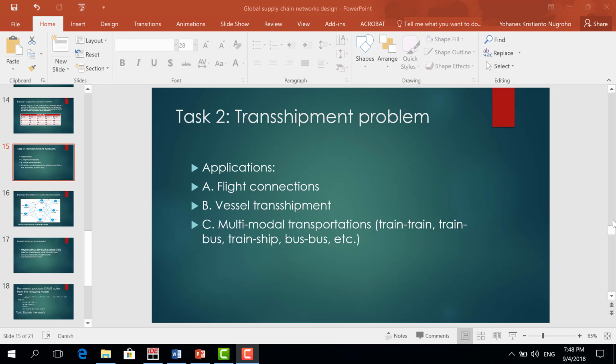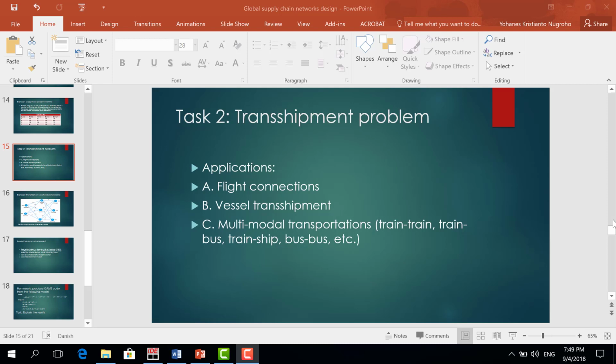From Rodbu, you will continue by train again until Copenhagen Central Station. And from Copenhagen Central Station, you will continue the travel using mass rapid transport train to Sudhown train station. Those are some examples of transshipment problem.